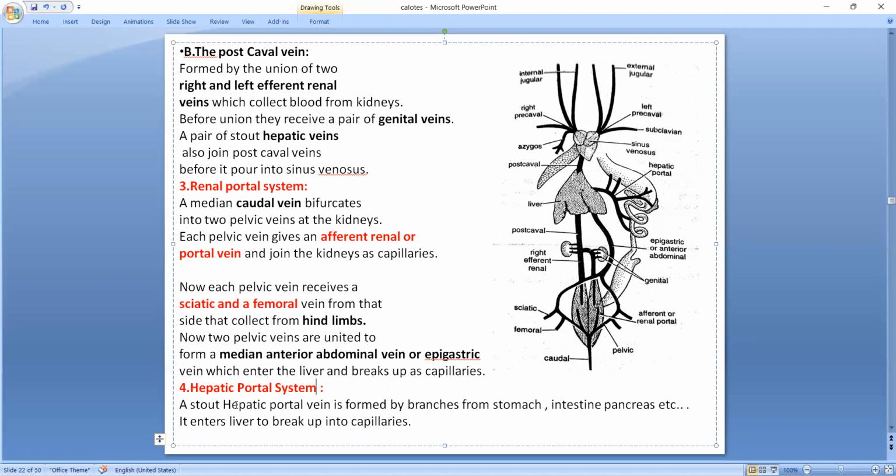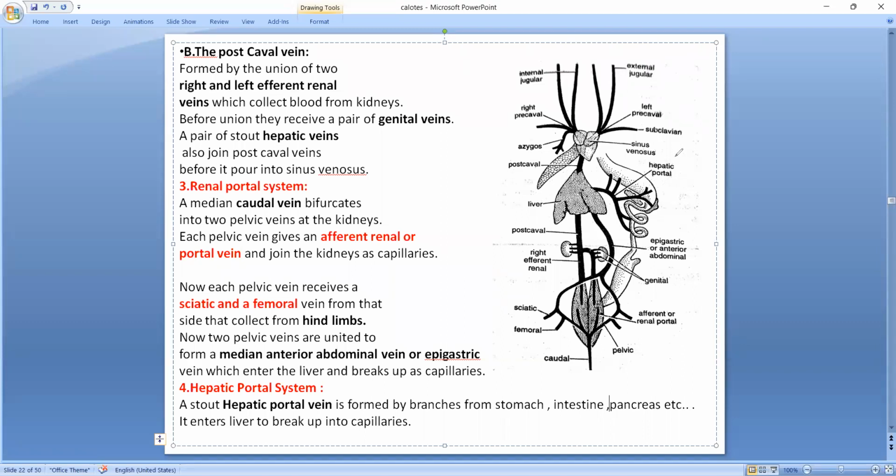A stout hepatic portal vein is formed by branches from the stomach, intestine, pancreas, spleen, and the rectum. From all these, the respective branches collect the venous or impure blood from the alimentary canal to form the hepatic portal vein.